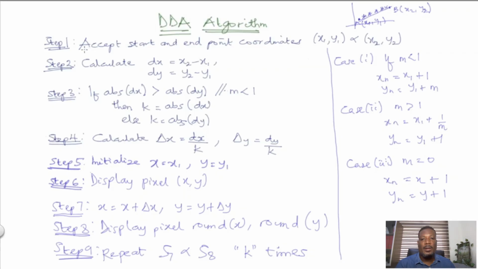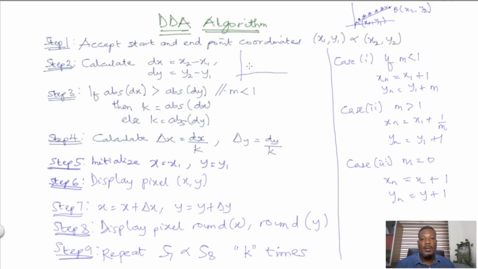So in the algorithm, the first step is to accept the start and end point coordinates, which are x1, y1 and x2, y2. The next step is to calculate dx and dy. Dx, as we've already said earlier on, is the change in x.